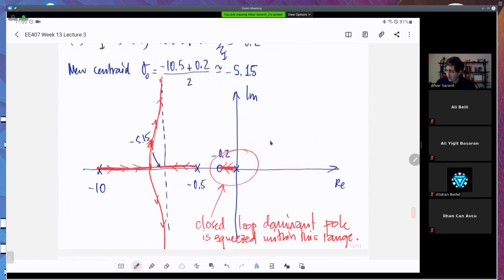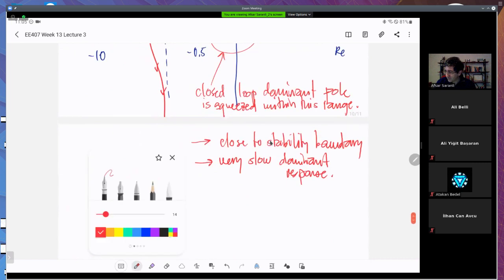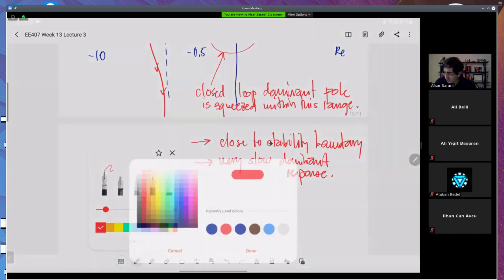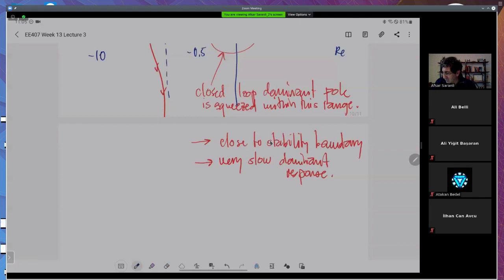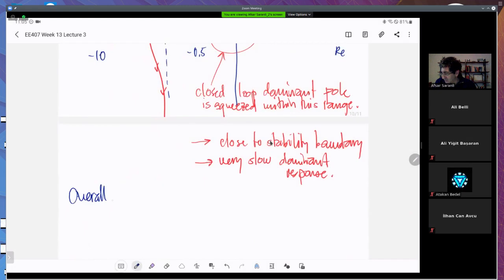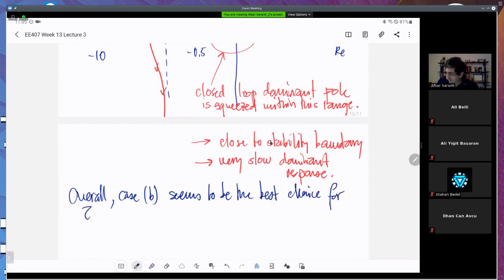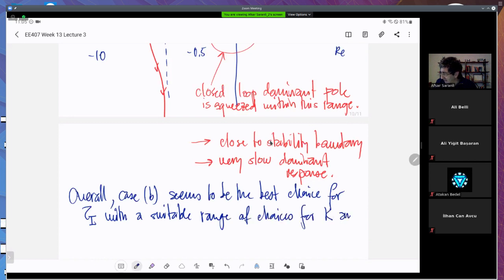Okay, so conclusion: overall, case B seems to be the best choice for tau I, with a suitable range of choices for K, and hence for KCT.